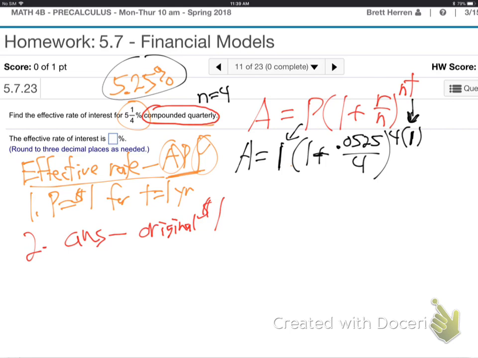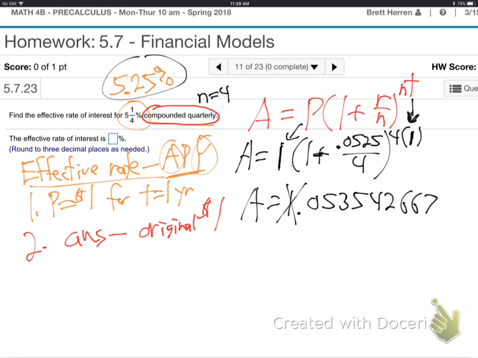All right, calculate it. Hit the buttons. I'm getting 1.0535426667. And then you have to get rid of that 1 in the front. Subtract the original $1 because that was already there.